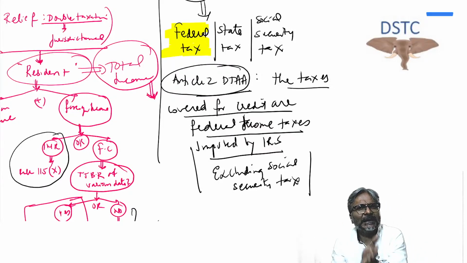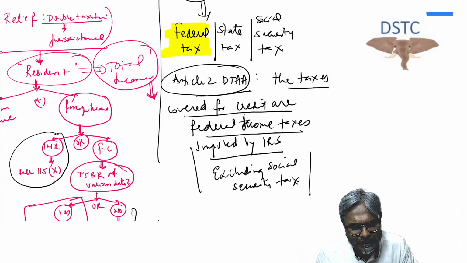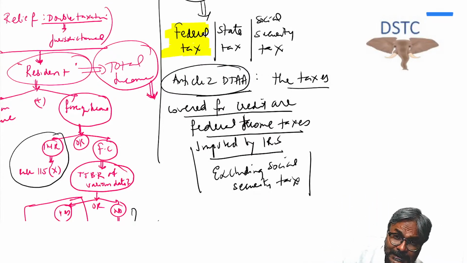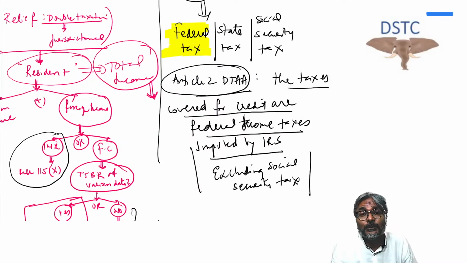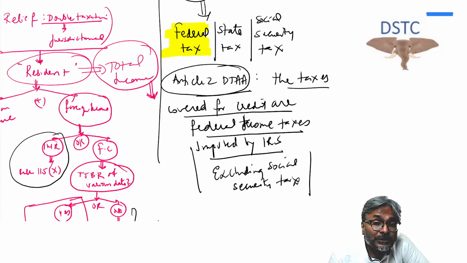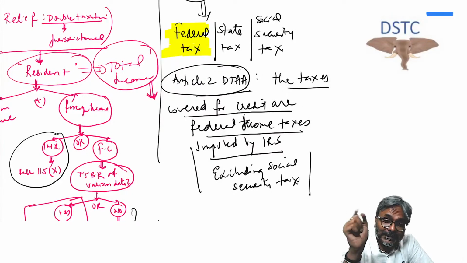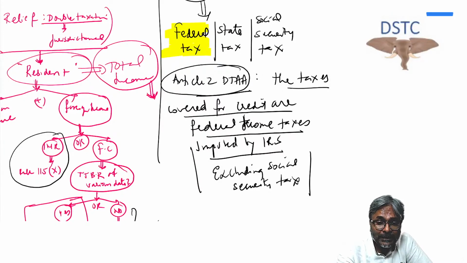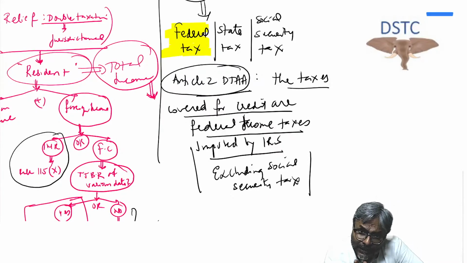Why are they specifically using the term excluding social security tax? When I ask you the question that the taxes covered for credit are federal income tax imposed by the IRS, excluding social security tax, you people are saying, sir, consider only federal tax. I agree. But why are they telling you then excluding social security tax?